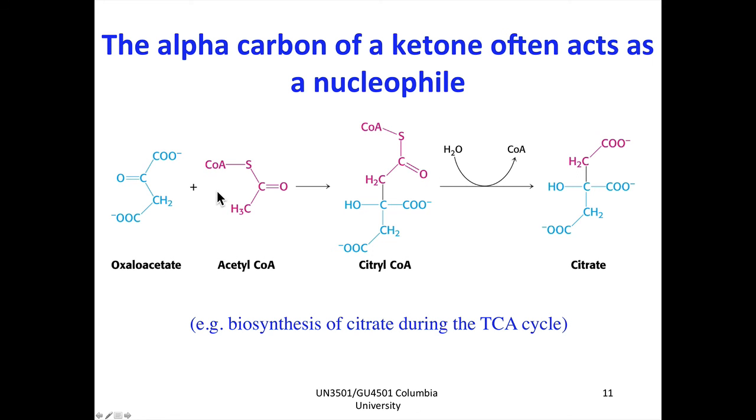And yet another example of the alpha carbon of a ketone acting as a nucleophile is in the biosynthesis of citrate during the TCA cycle. So now we have a thioester, not a ketone, but very similar in that we have a carbonyl group.